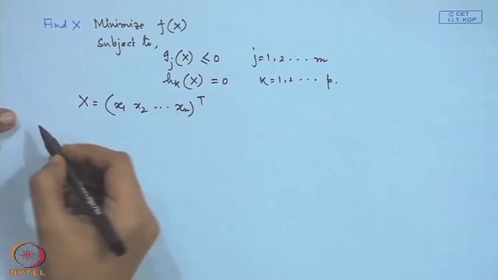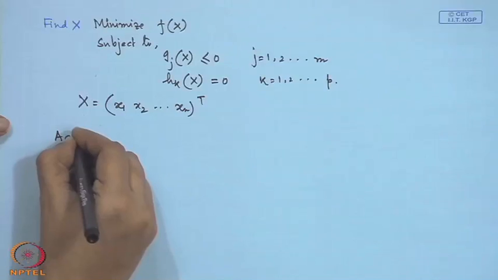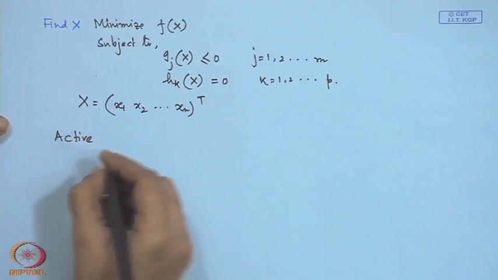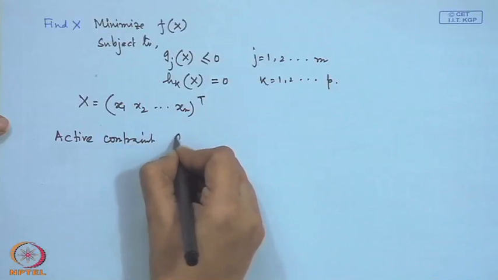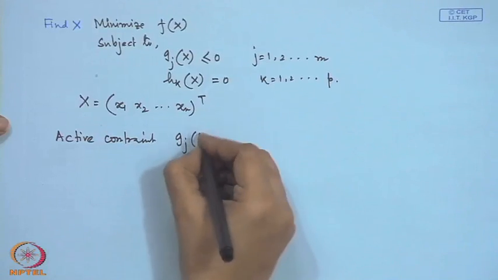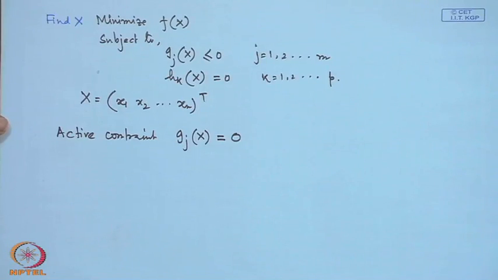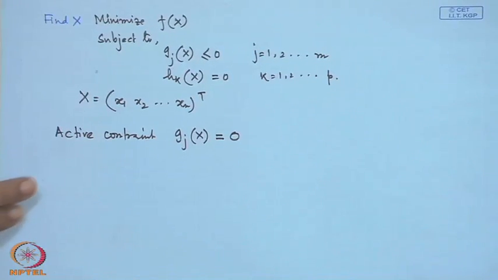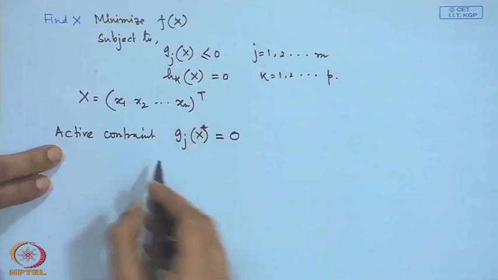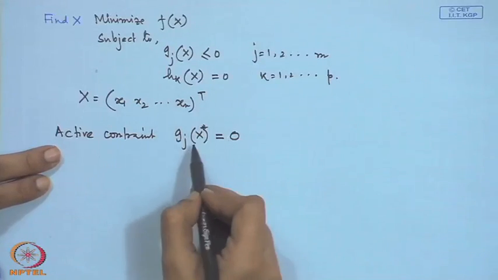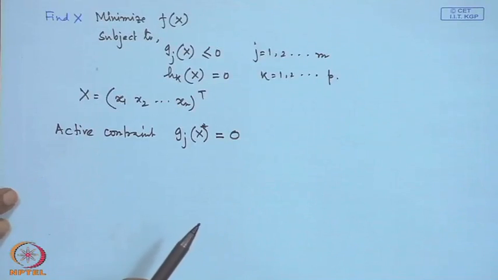Now, in this connection, let me tell you a few things. In the feasible space, if some constraint j is satisfied with the equality sign, then it is said to be the active constraint. That is, if the optimal solution lies on the boundary of the constraint, then the corresponding constraint is said to be active, otherwise the constraint is inactive.